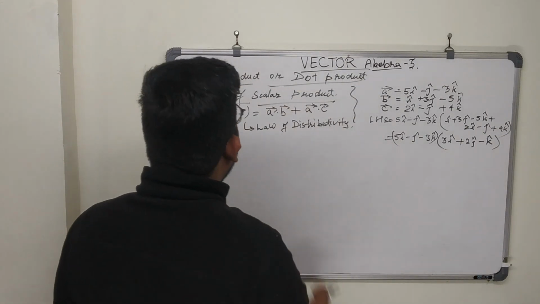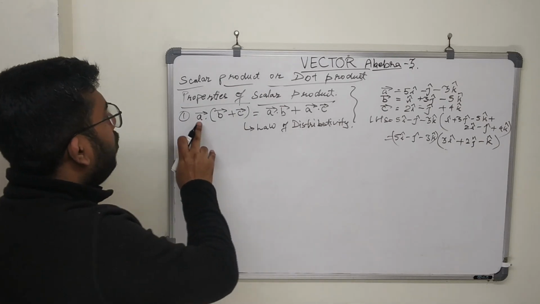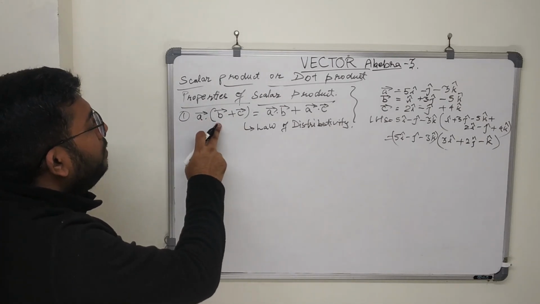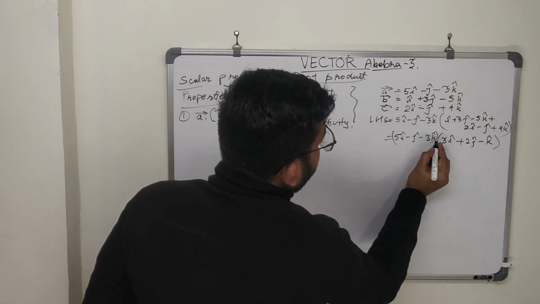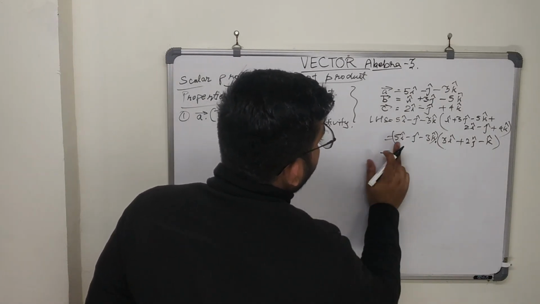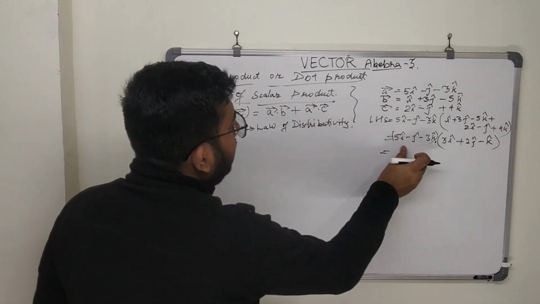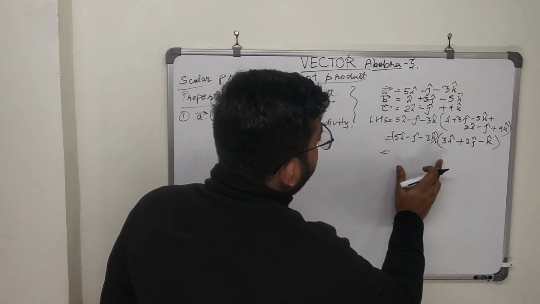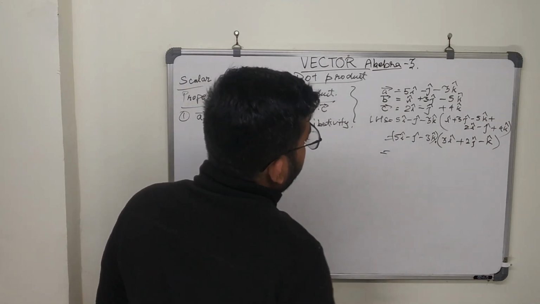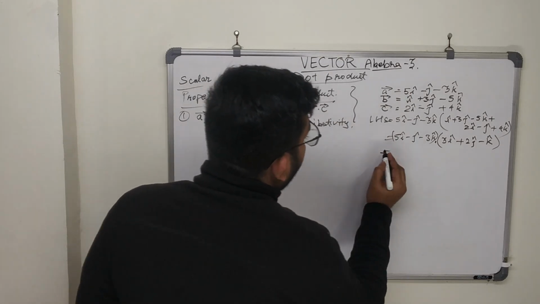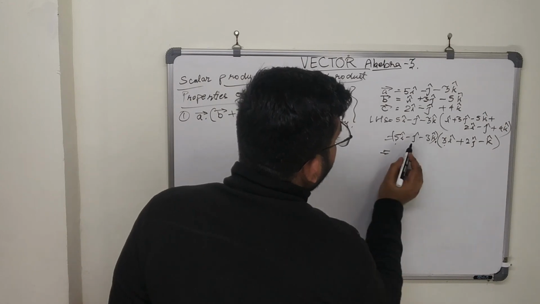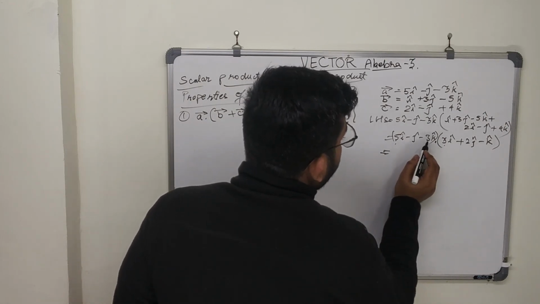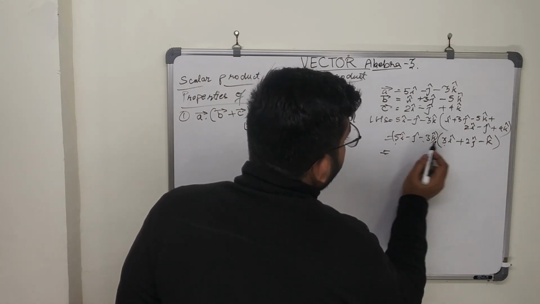So now we will find the scalar product of A vector with the sum of B vector and C vector, that is A dot B plus C. We put the dot here. So this will be equal to, as we studied a while ago, when two vectors are given in component form, the dot product will be A1 B1 plus A2 B2 plus A3 B3.